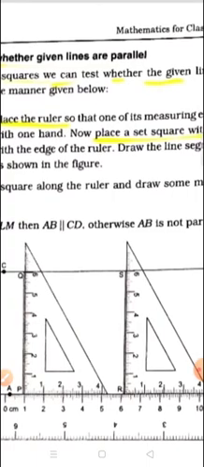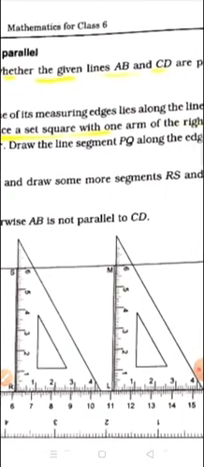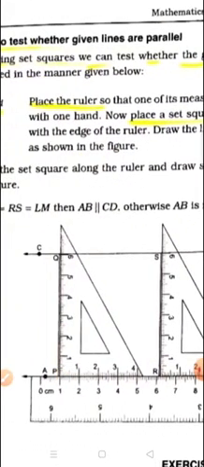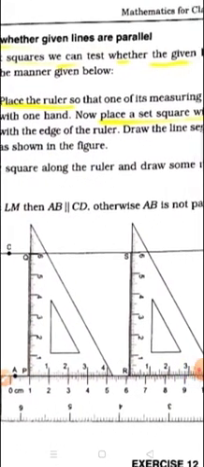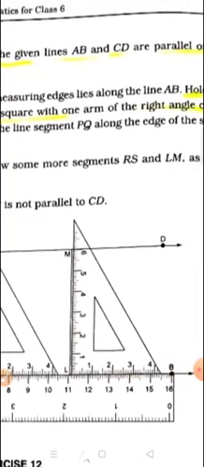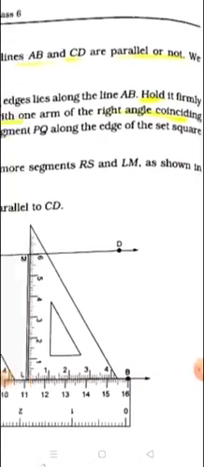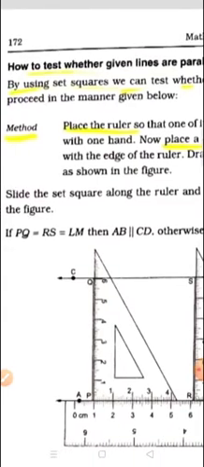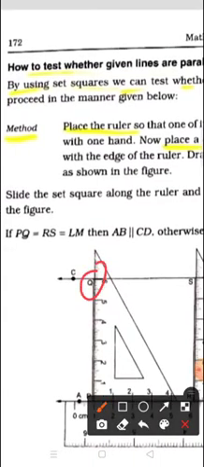Now place a set square with one arm of the right angle coinciding with the edge of the ruler. Draw the line segment PQ along the edge of the set square as shown in the figure.